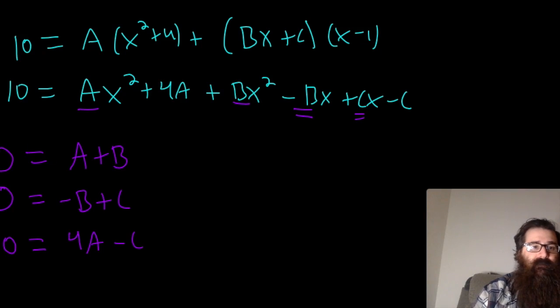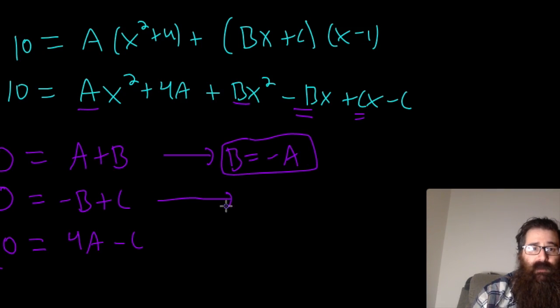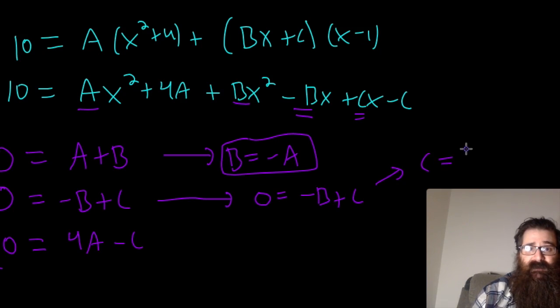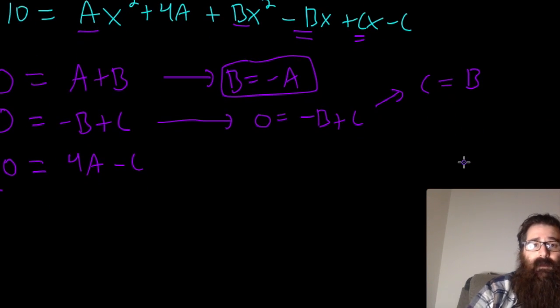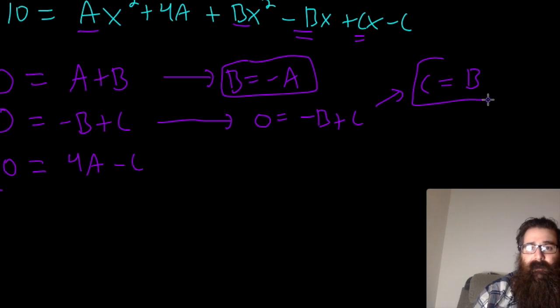So this gives me my system of equations to work with, 3 equations, 3 unknowns. And we can start working with it. Here I could solve for B, for example. We could say B is equal to negative A. If I go into the second equation here, I could say 0 is equal to negative B plus C, which means that C is equal to B. But since I know that B is equal to negative A, C is equal to negative A then, since C and B are the same.